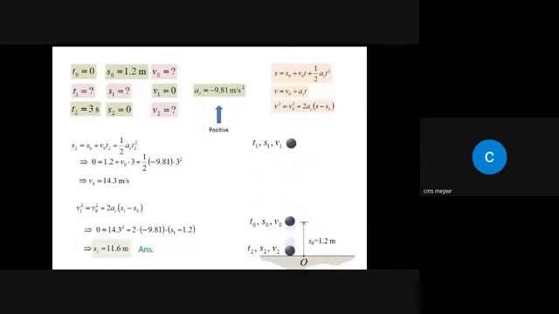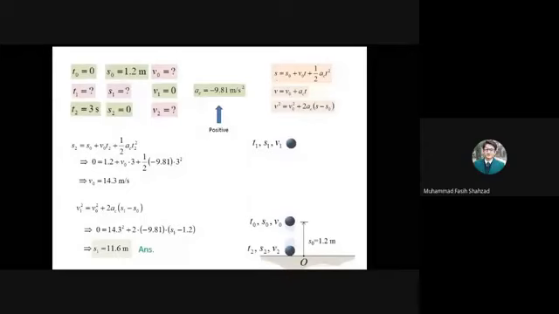I need to look at this equation. What is the value of S, the maximum height? I don't know, but I know this S naught, which was basically 1.2. If I put this equation between 0 and 2, these two are known, right?